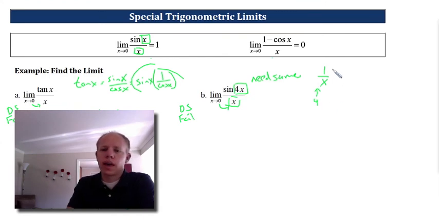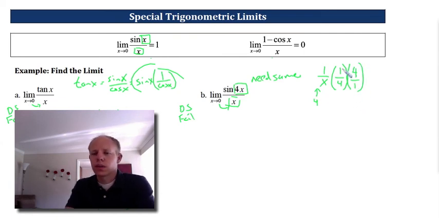Okay, so to do that, what we're going to do is actually multiply by 1/4, and then we're also going to multiply by 4 over 1. Okay. Did we change 1 over x? Well, 1/4 times 4 over 1 is 1, so we haven't changed anything.